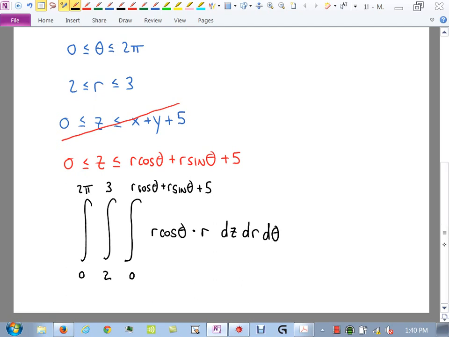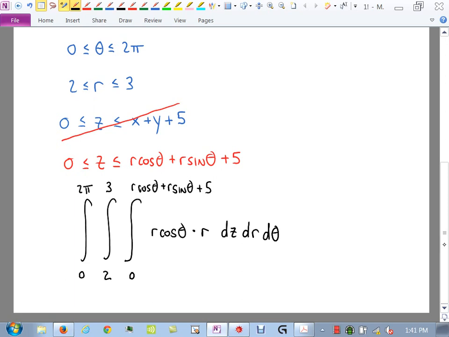Now, I'm not going to work through this whole integral, but let's talk about the first integral you would do. You have to do the dz, right? So what's the antiderivative of all this stuff with respect to z? R squared cosine theta z. And then you're going to evaluate that from z equals 0 to z equals that.